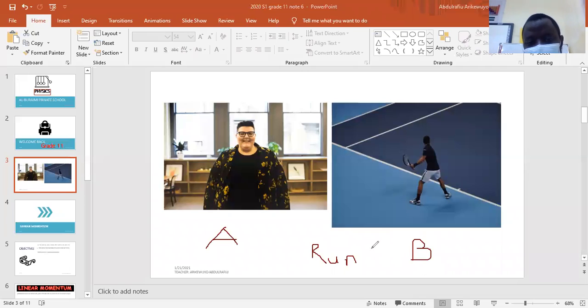Most likely, it's going to be the one in picture B. That is to tell you that there is a relationship between velocity and mass, and that is what we shall be talking about in this lesson.